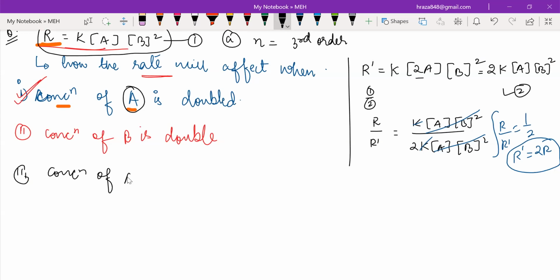Now, the concentration of A and B both is doubled. Both are doubled.